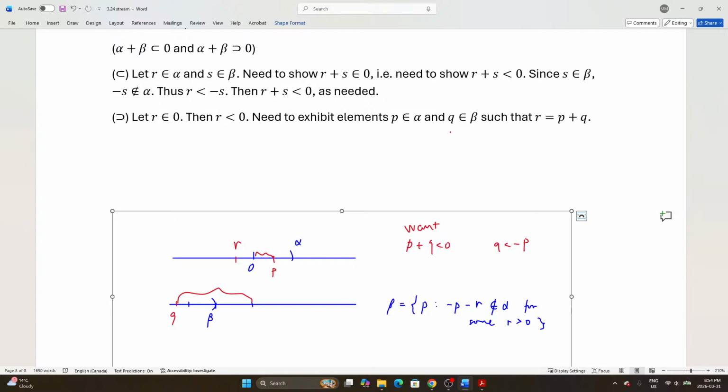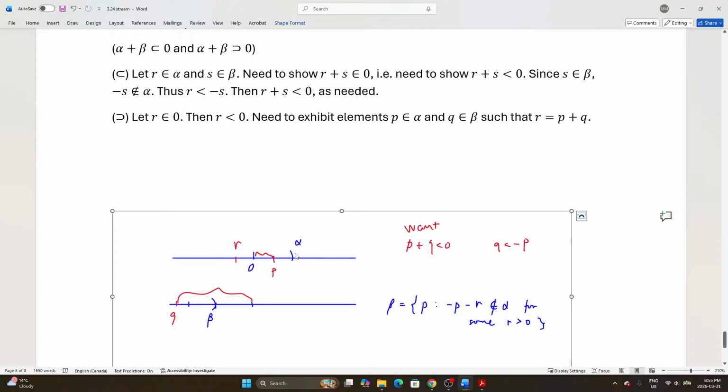Because constructing two things simultaneously is a little bit awkward. If R is negative, then based on that, you can construct a positive number.